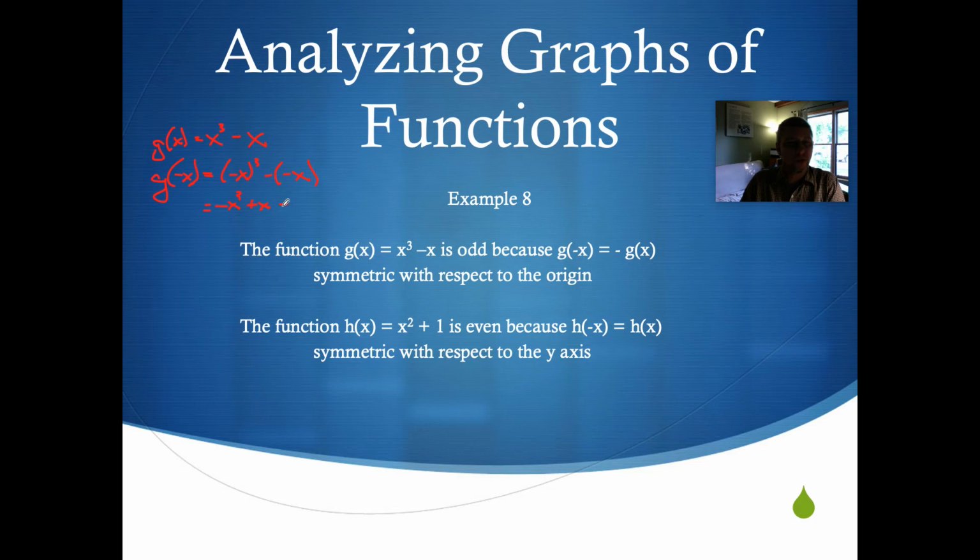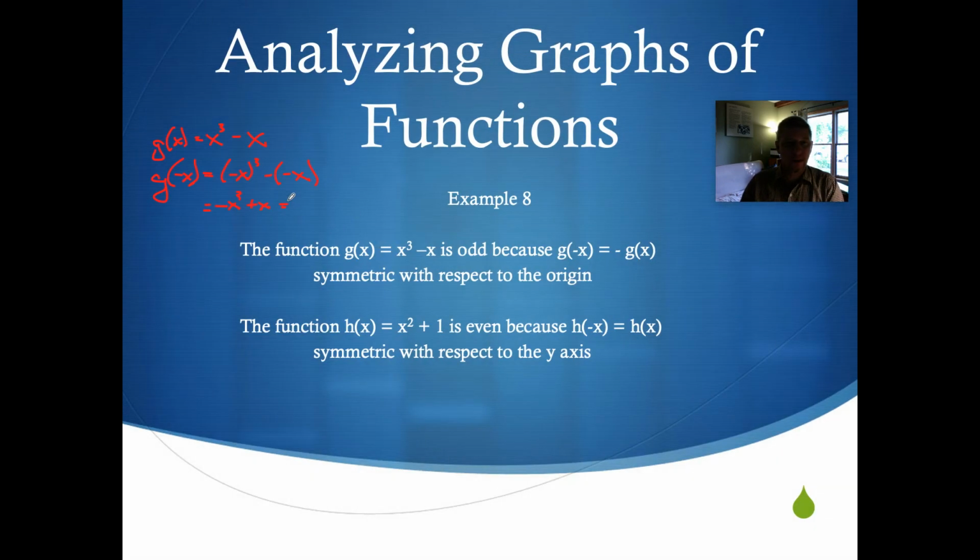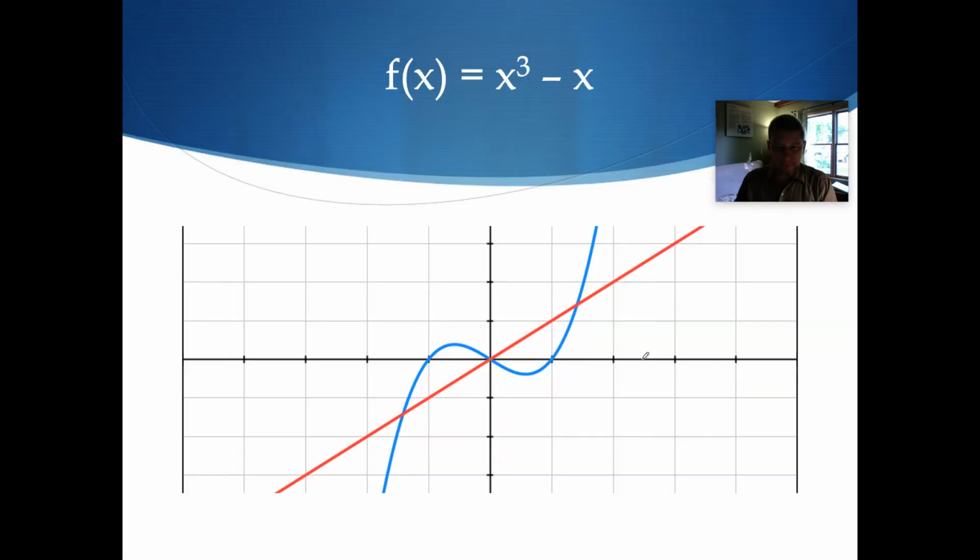And if you look carefully, this is equal to negative g of x. All right, and I'll show you the picture of this in the next slide. Actually, I'll show it to you in this slide.